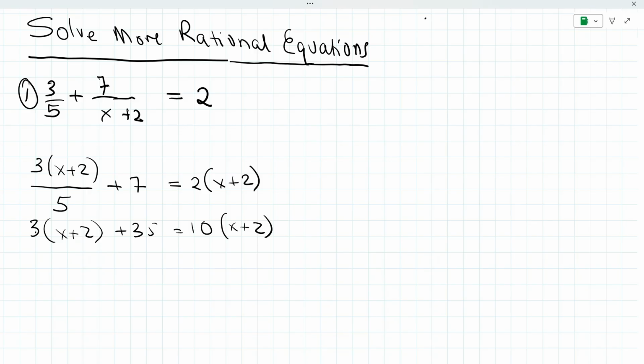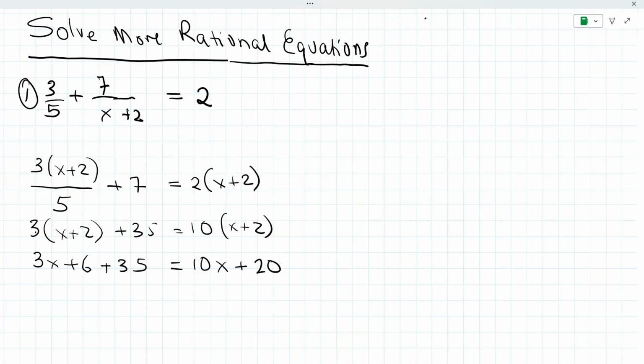Okay, so then we can try to multiply through, or distribute through. So we have 3x plus 35 equals 10x plus 20.